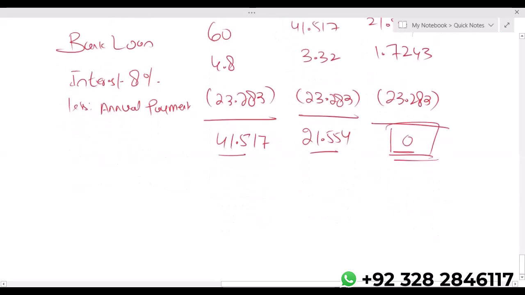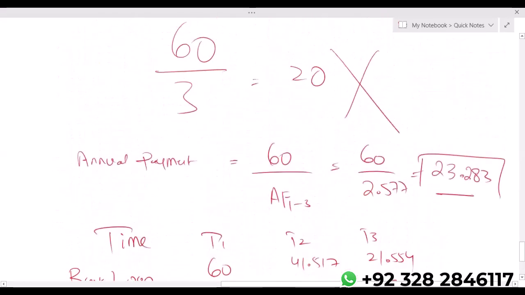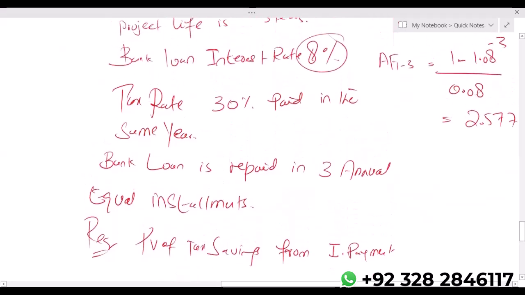Okay, now we have calculated the interest payments: 4.8, 3.32, 1.7243. Tax rate is 30%.